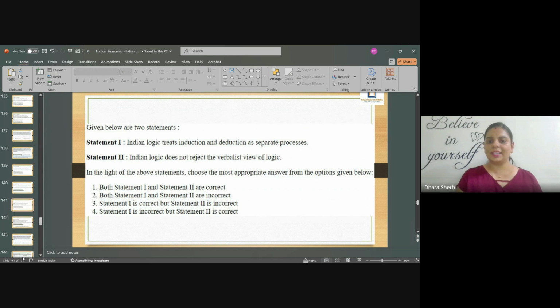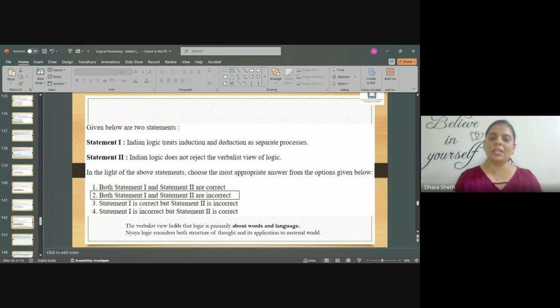Indian logic treats induction and deduction as separate processes. Do we have separate induction and deduction? No, it is all together, included. Indian logic does not reject the verbalist view of logic. Okay, it does reject. That's the answer. What is the verbalist view? It is about words and language. Whereas Nyaya logic considers the structure of thought and its application to the material world.